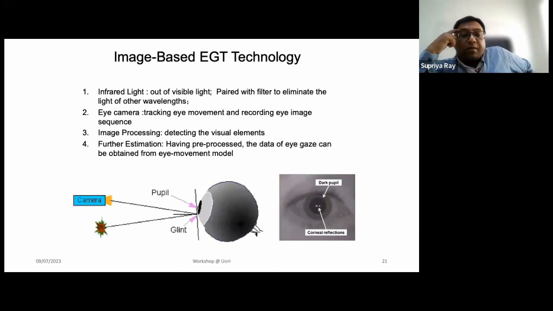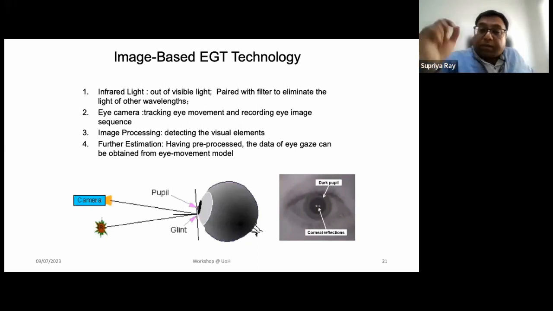Now, once you have a picture of the eye, there is image processing software already embedded there that finds the edges between the sclera and the pupil, the cornea. So once you identify that circular cornea and the iris, the edge of the iris in the sclera, it is easy to find out the moving part of the eyes, right?